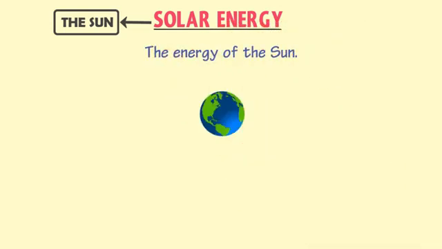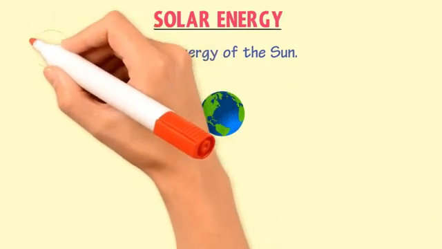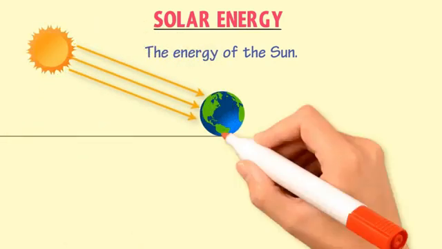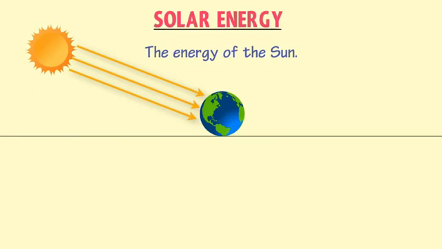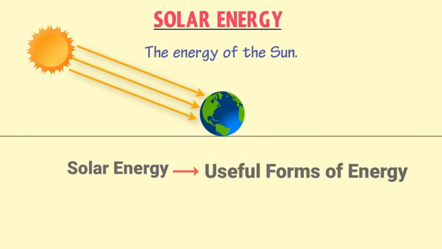Each and every day, the earth receives a huge amount of energy directly from the sun. Using special scientific methods, we can utilize this solar energy. I mean that we can convert solar energy into other useful forms of energy.